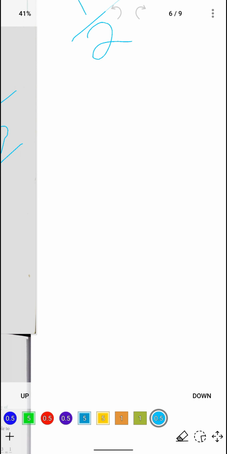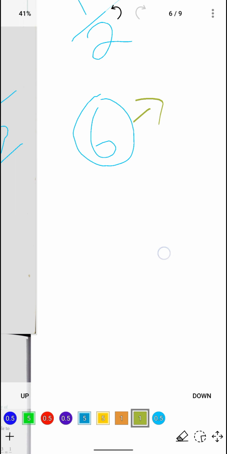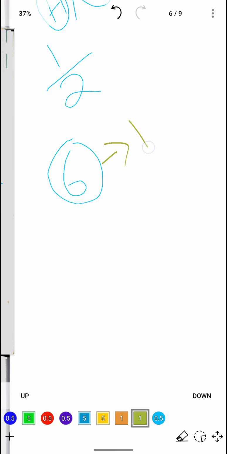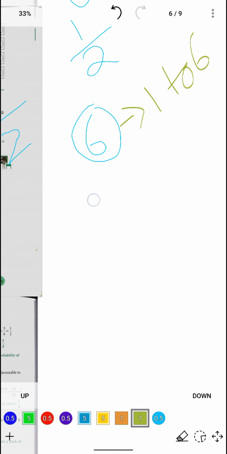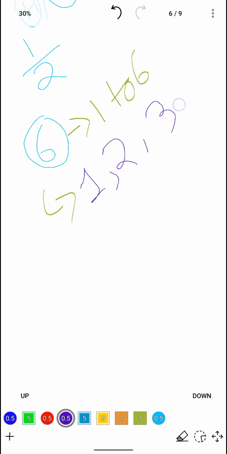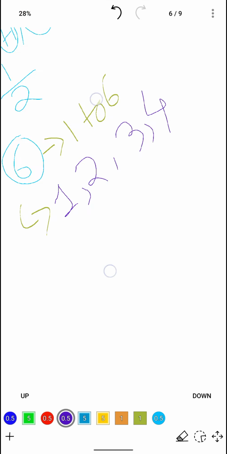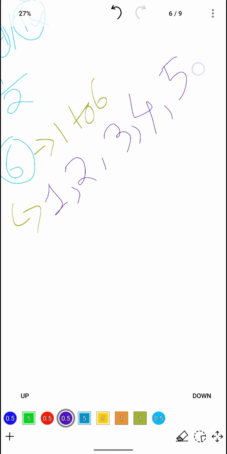Now, in a die, that is, in a Ludo die, how many sides are there? There are 6 sides. In each of the sides, there is one number written from 1 to 6. Let's write these numbers: 1, 2, 3, 4, 5, and 6.